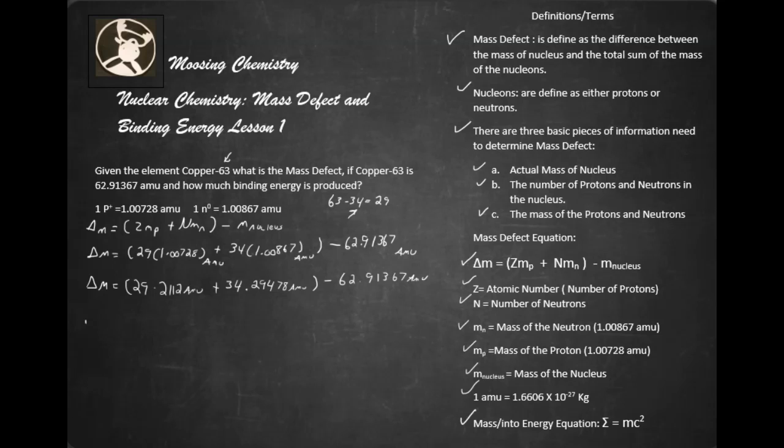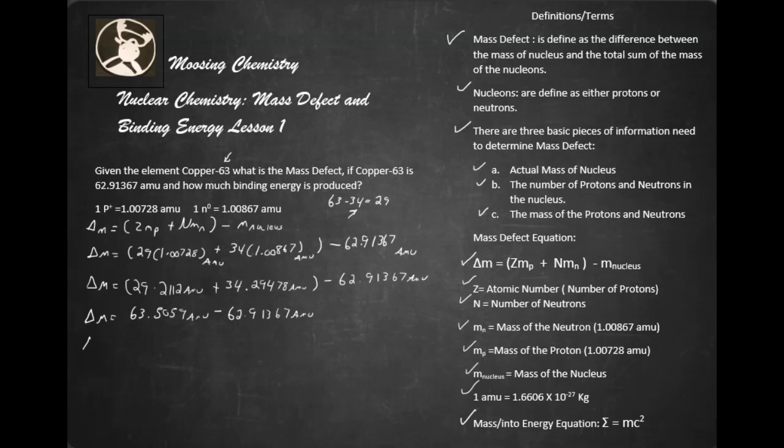So let's see here, the mass defect now equals 63.5059 AMU, which we got by adding those two together, minus 62.91367 AMU.